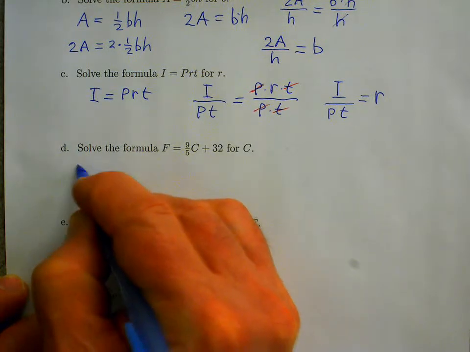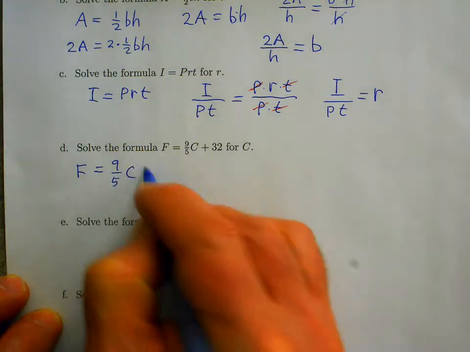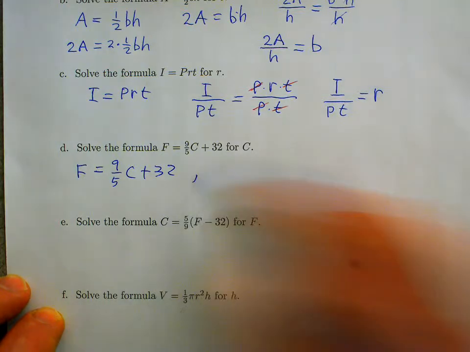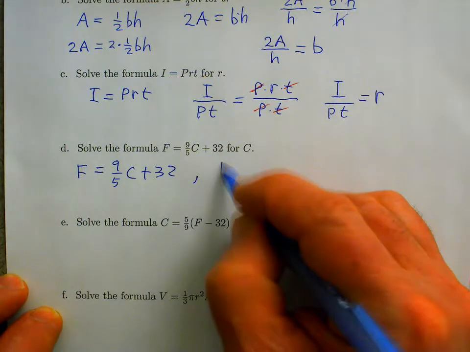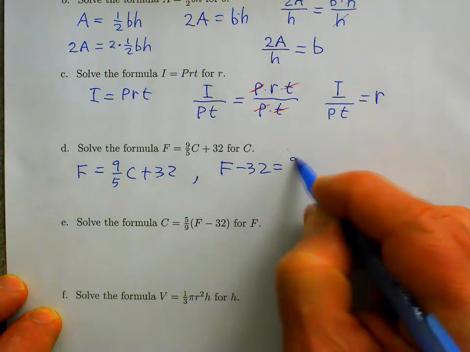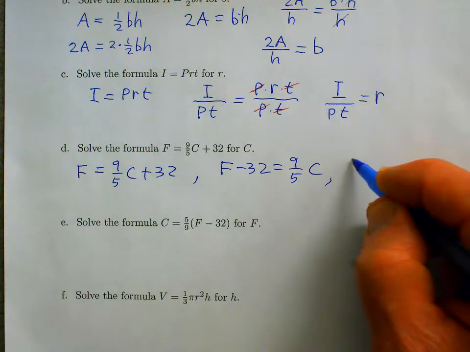So I'm going to rewrite the formula, F equals 9/5 C plus 32, and then we'll solve for C step by step. So first, subtract 32 from both sides, so we get F minus 32 equals 9/5 times C. Then multiply both sides by the reciprocal of 9/5, which is 5/9.